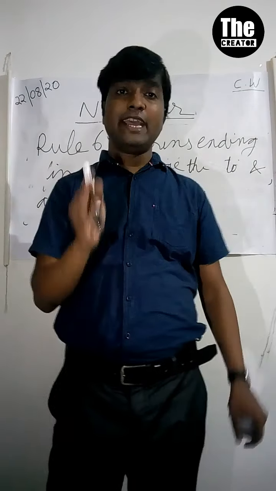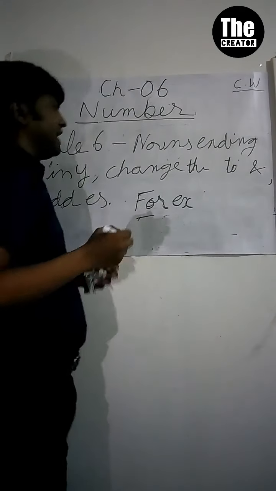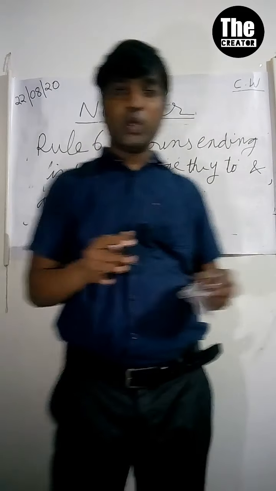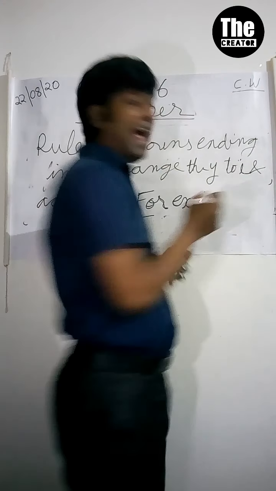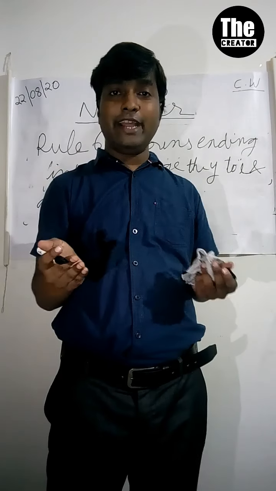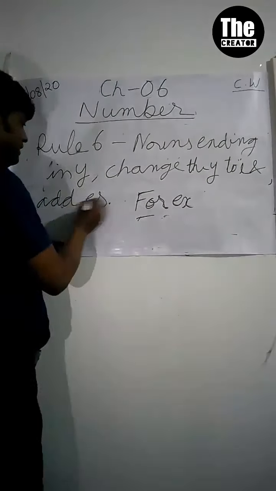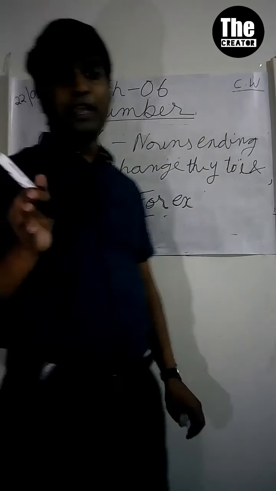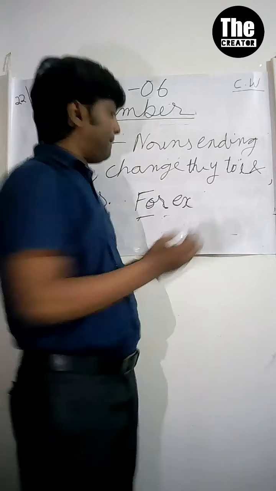Nouns ending in Y. Nouns ending in Y. Change the Y to I and add, what you need to add? Add ES. Then it would be in the plural form.